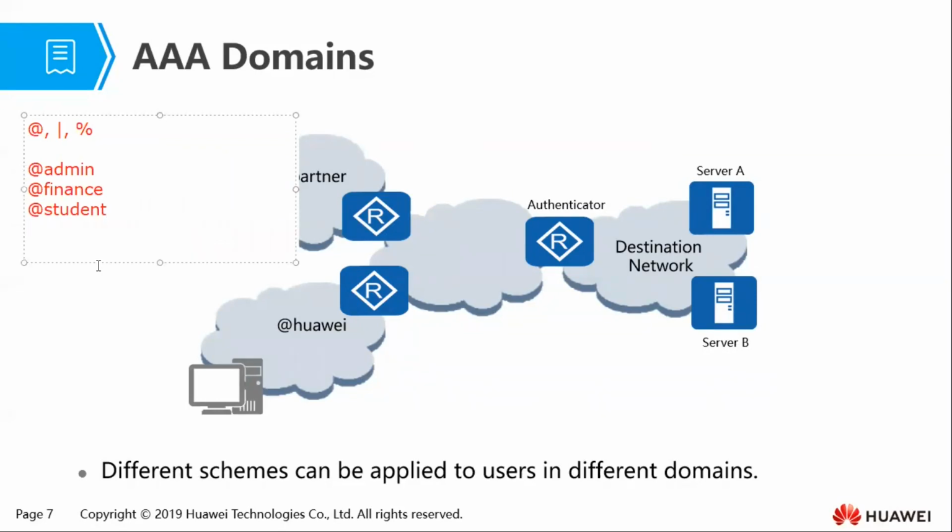Now generally, in the routers, in total there are 32 domains, but you can only create a maximum of 30 domains.